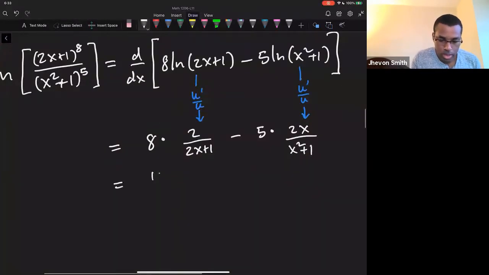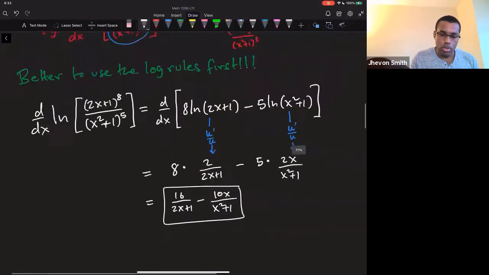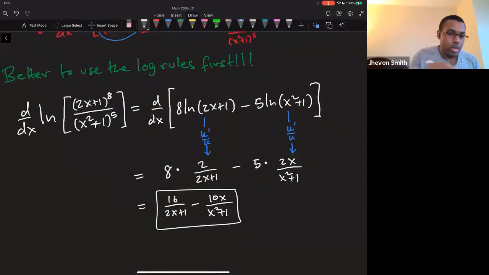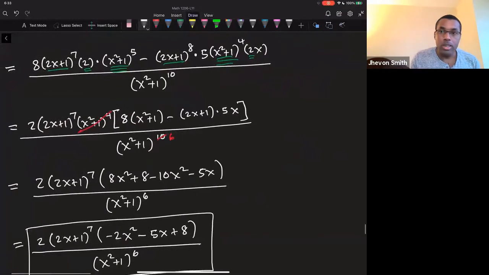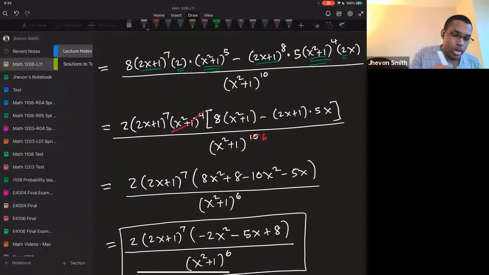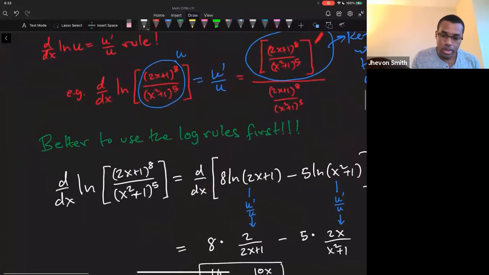It's going to be 16 over 2x plus 1 minus 10x over x squared plus 1. And that's the answer. Now, look how easy that was compared to that, right? It's not even close. This is way harder to do. If you have a logarithm, apply the log rules first.